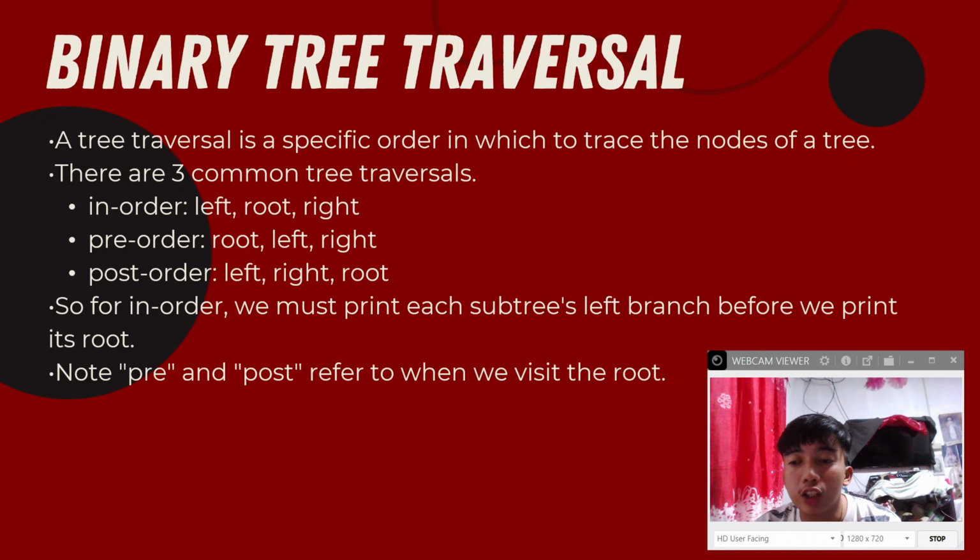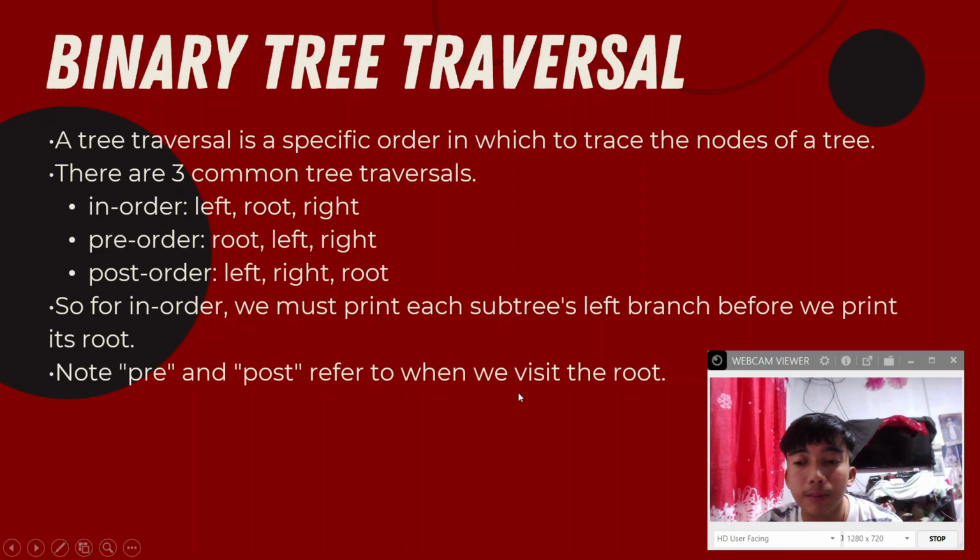So in the case of in-order traversal, the nodes of each subtree's left branch are printed before the root of that subtree. This sequence ensures that the left subtree is fully explored before moving on to the root. Note that pre and post refer to when we visit the root.